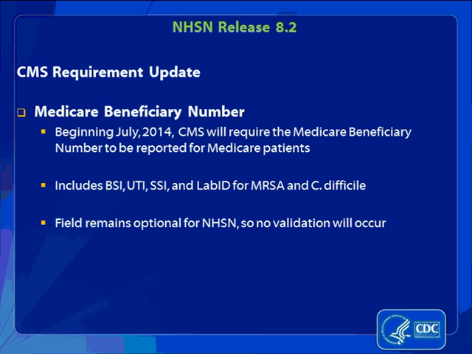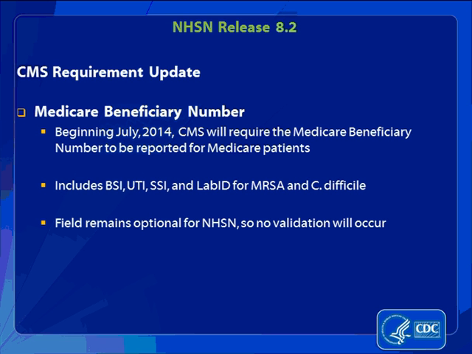CMS requirement update, just want you to be aware so you can help out the facilities that you're helping report. Beginning July 2014, CMS will require the Medicare beneficiary number to be reported for all Medicare patients. It includes CSI, UTI, SSI, and Lab ID for MRSA and C. difficile.